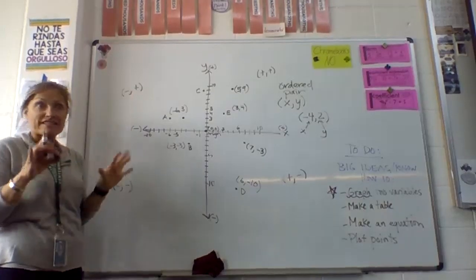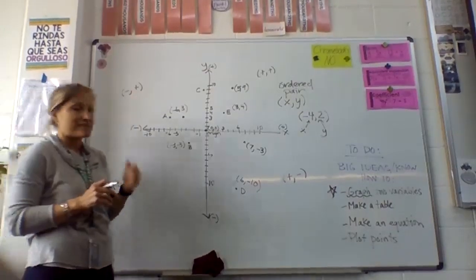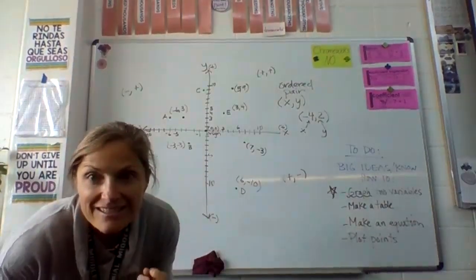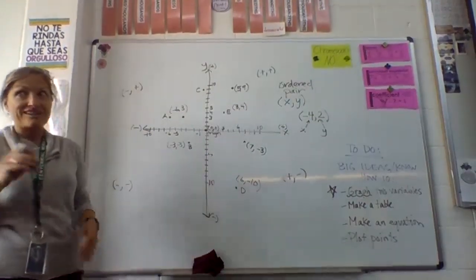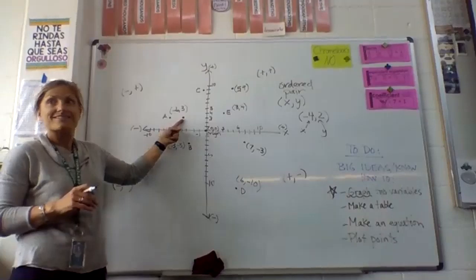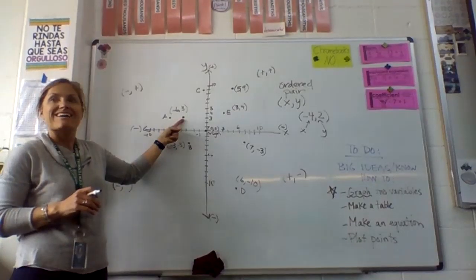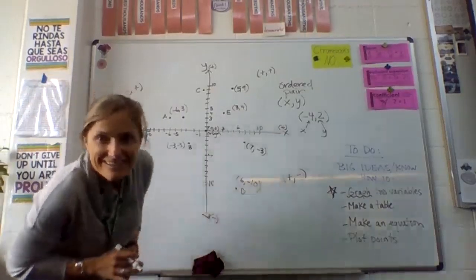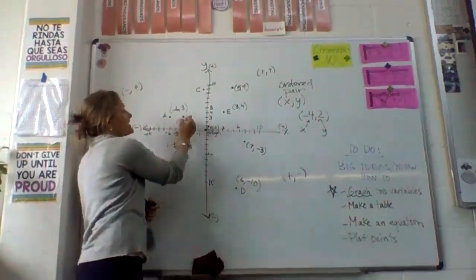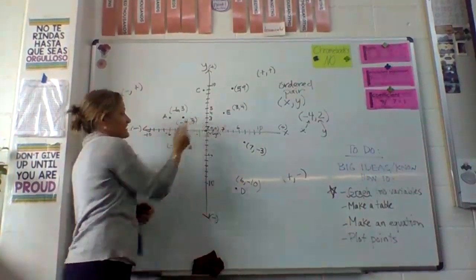We're paying attention to the signs, what quadrant it's in. Owen's working on it, he's frantically typing. This point right here, so what is it? Negative 4, positive 3. You got it. Awesome.